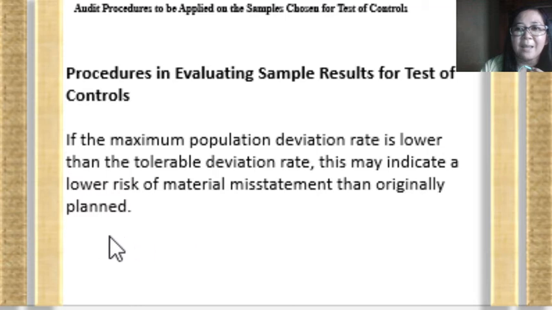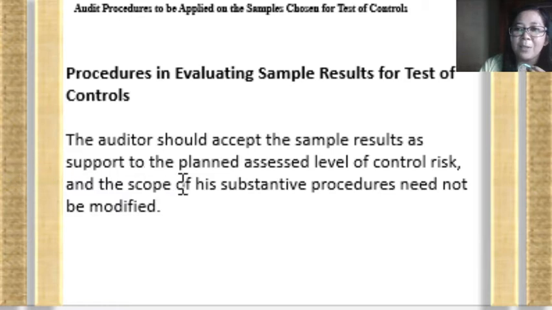So meaning, there is lower risk of material misstatement. So what will happen? The auditor should accept the sample result, okay, because it supports the planned assessed level of control risk, as well as the scope of his substantive procedures will not be modified. So this is where the sample results are accepted.